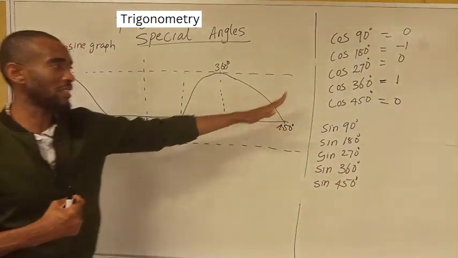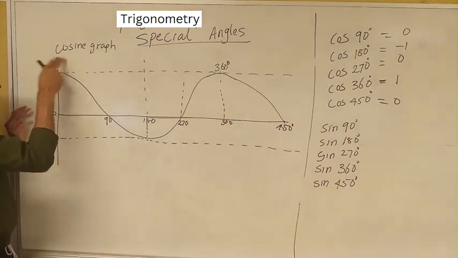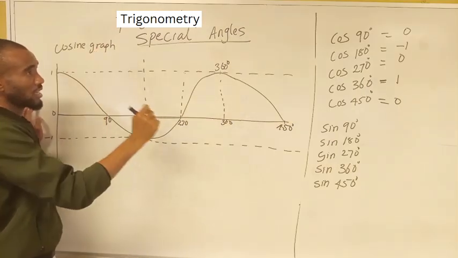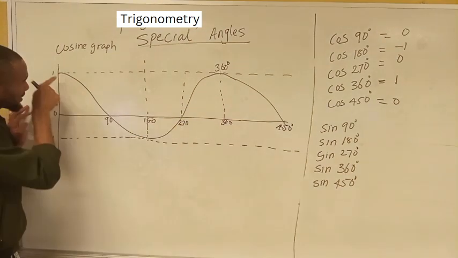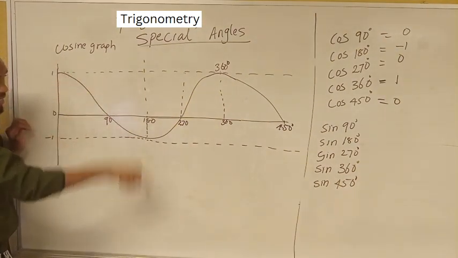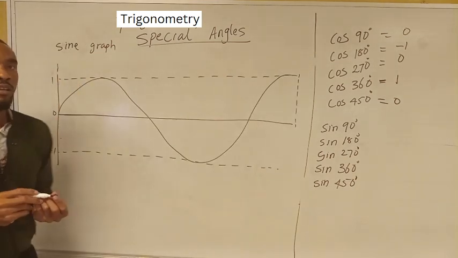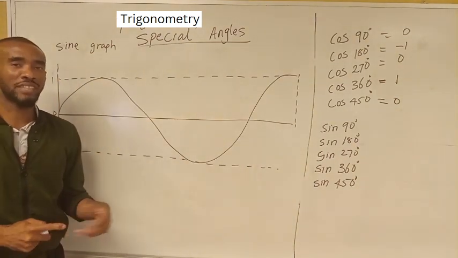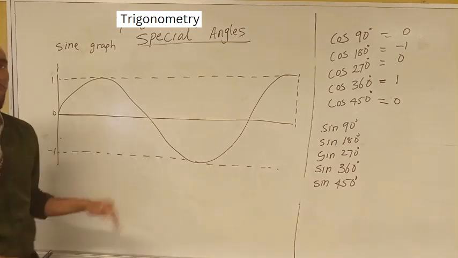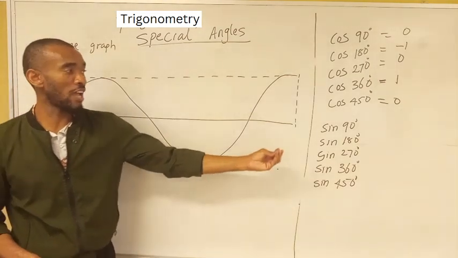So it's just a pattern, a sinusoidal graph of the cos graph. The only way you're going to differentiate this from that of the sine is that it's starting from 1 and then moves. So in this case, we have the sine graph, and let me quickly explain how the sine graph works and how you can use it to determine the special angles.